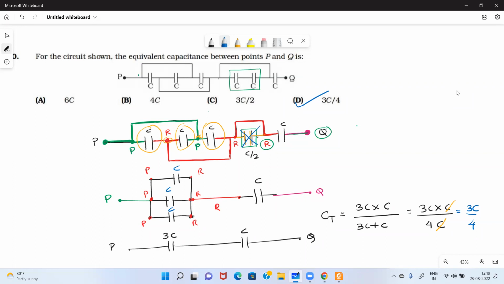Any doubts? Let me know, I will repeat it. Are you able to understand this one, everybody? Yes, sir. Do you want me to repeat this, or is it clear? It's clear, sir. Excellent.